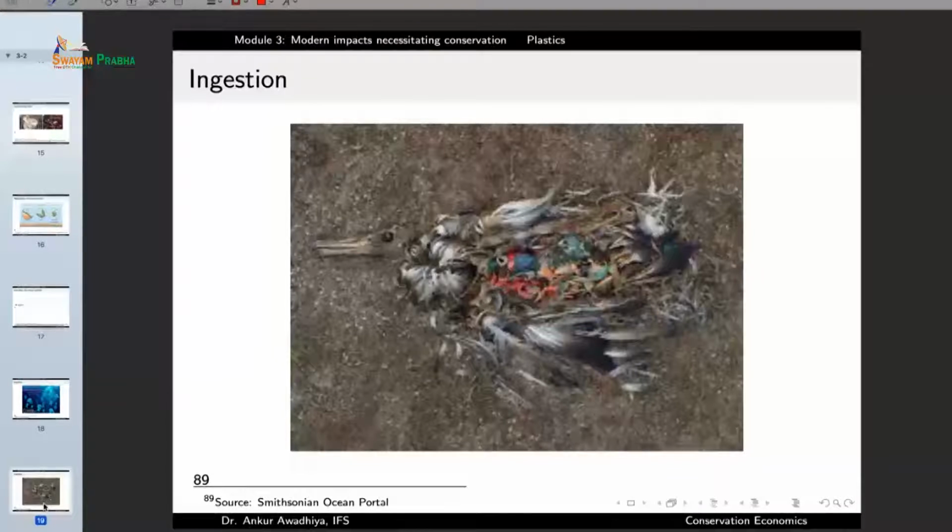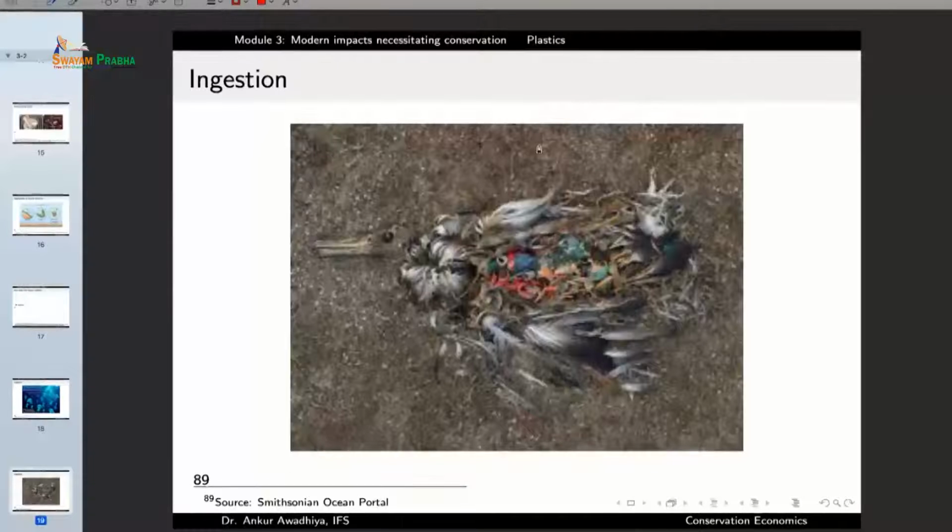Now, the saddest part here is that when this chick died because its body was all full and blocked by these plastics, the body of this albatross chick, because it is made out of biodegradable materials, will slowly degrade. But then these plastics, because they are non-biodegradable, remain persistent.